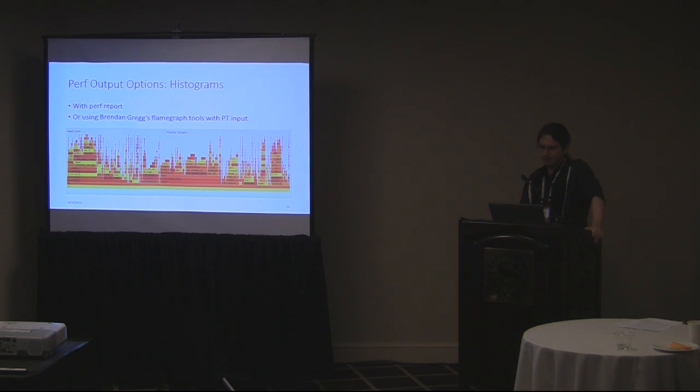Here's an example. This is Brendan's flame graph. Because we are just generating standard perf events, we can generate a standard histogram based on our PT trace. This is a similar output as you would get if you're doing standard sampling and then feeding it into Brendan's flame graph tools. But in this case, it's actually using a much higher sampling frequency, because with PT we have all the branches, so all the complete context.